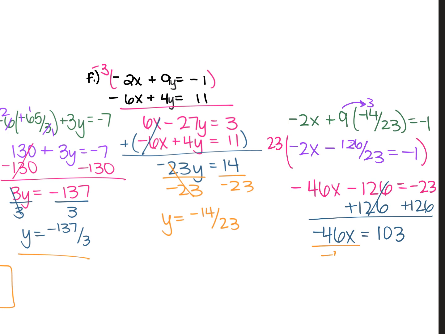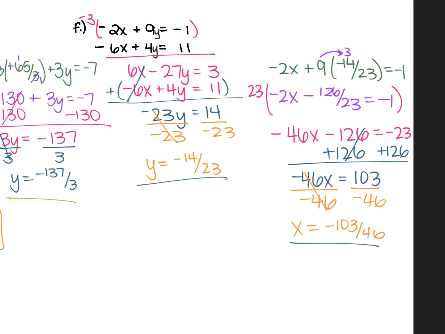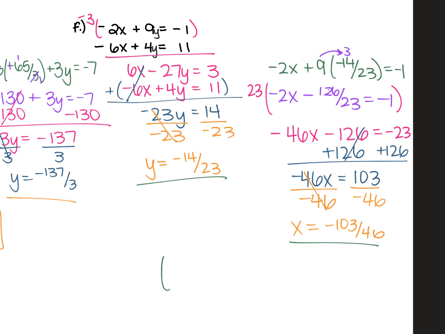From here, we divide each side by -46, and we get that x is -103 over 46. We have our x, we have our y. Our ordered pair, that's our solution, is -103 over 46, comma, -14 over 23.